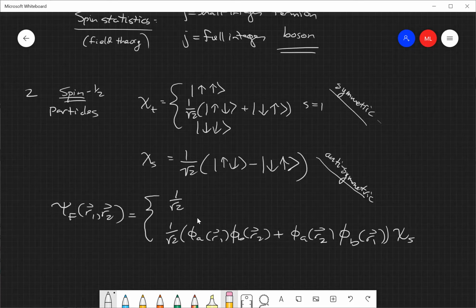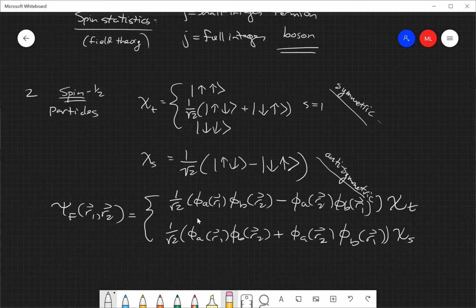So the other possibility is that, and then you can be in one of the symmetric triplet states. So those are the two possibilities.